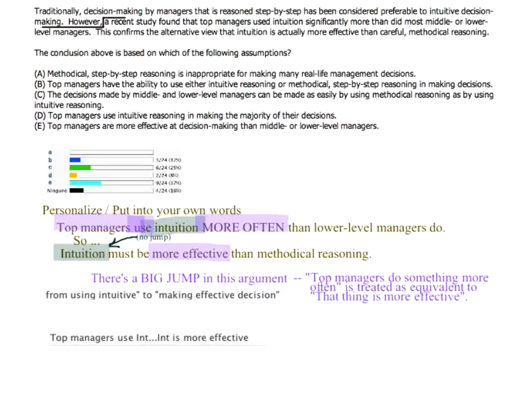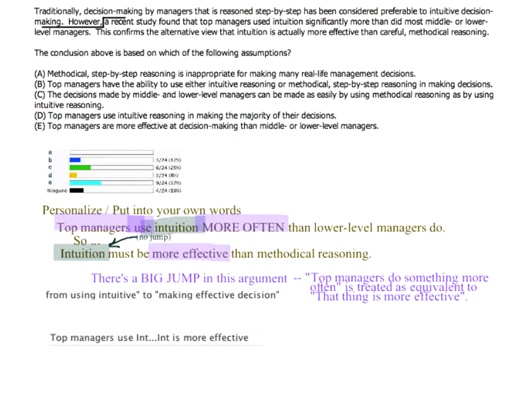They basically just made that up out of nowhere, right? Top managers do something more often. It's a reasonable thought. You might think, okay, that's how these people got to be top managers in the first place. But the point at the end of the day is that it's totally unsupported. It's just kind of a made-up association that's out of nowhere.